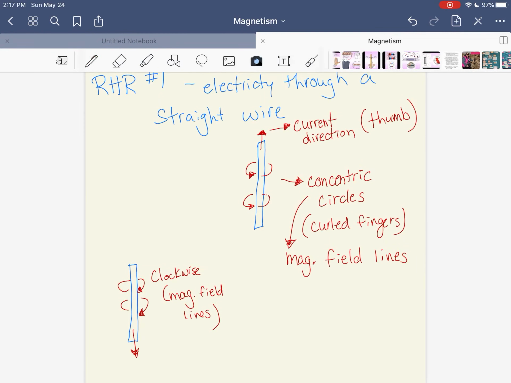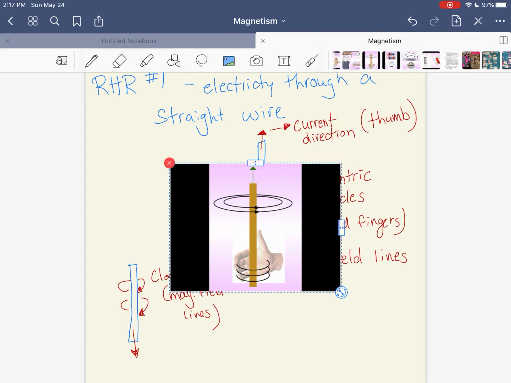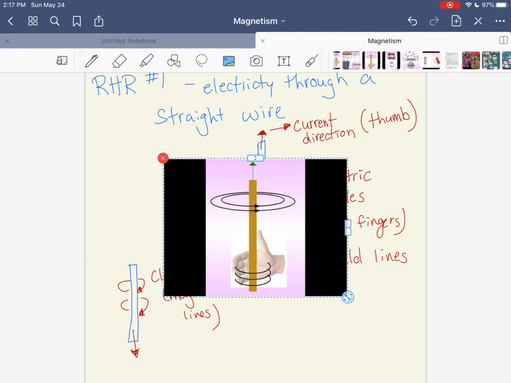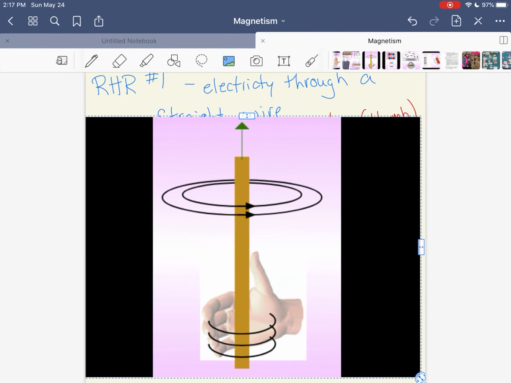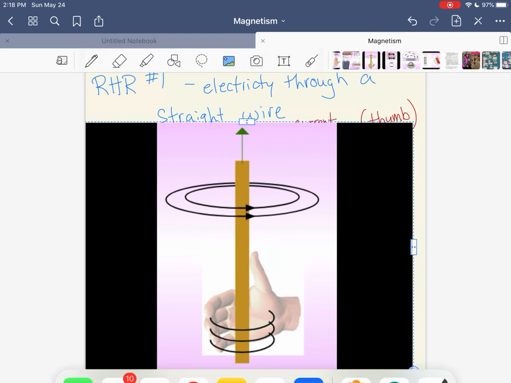So I'm going to show you a picture of what this looks like. This one is showing our first example here, where the current is flowing up through the wire. We've got our hand in position so that our thumb is pointing up, which means our fingers are circling around in that counterclockwise direction.